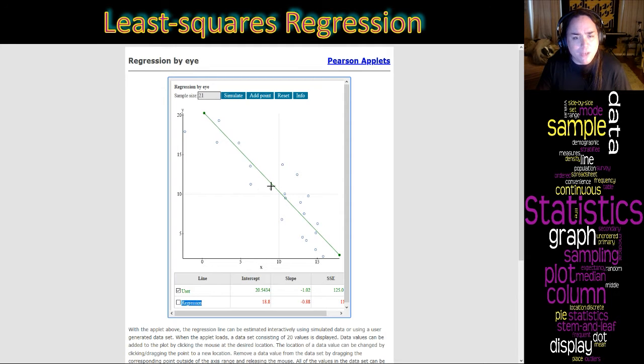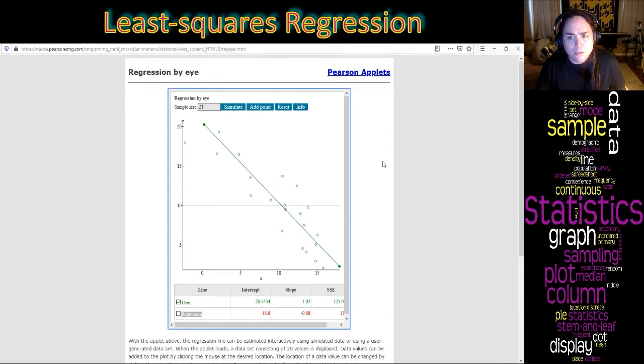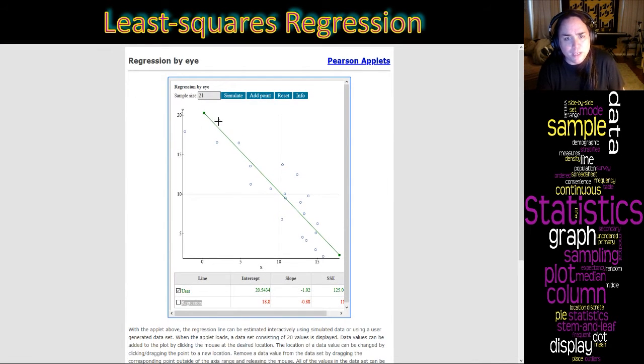Okay, well, what is going to happen here? I don't know if you can see my cursor, but I'm going to hope you can. If I were to draw a line segment straight down from this point to the line, it's going to have a particular value.